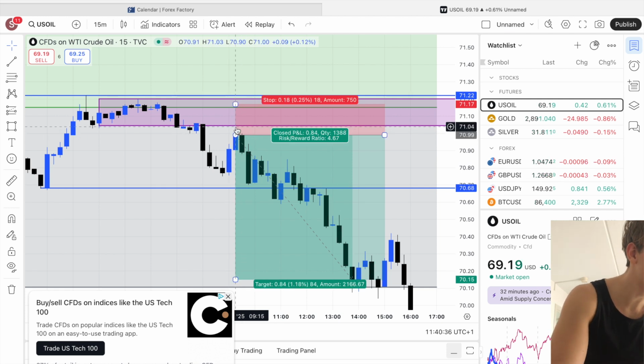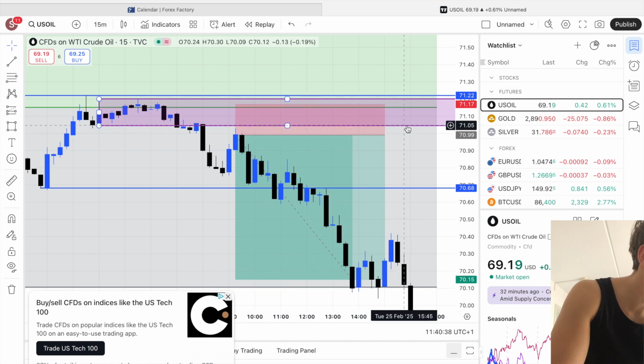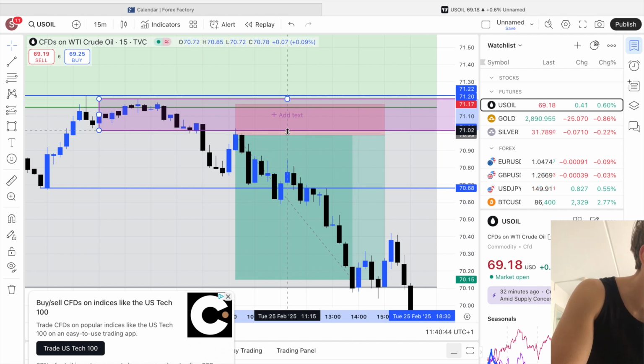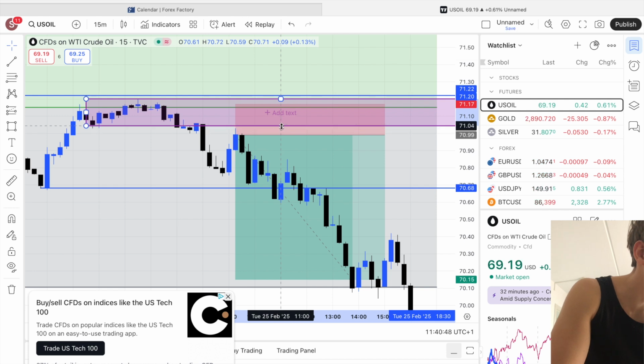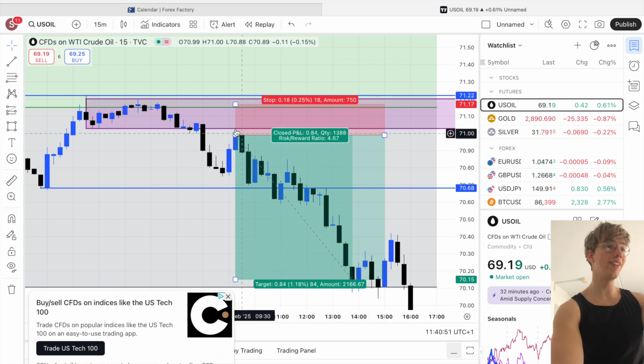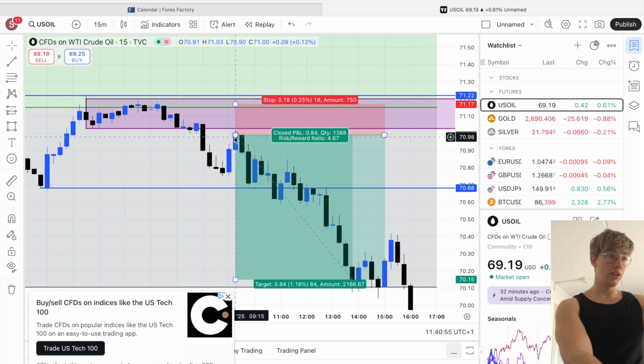And see, actually, you can see right here the wick is a little bit lower, so we could actually put it like this. You can see we just wick into the order block, and then I took the trade off of that. So we had a risk reward of 4.6.